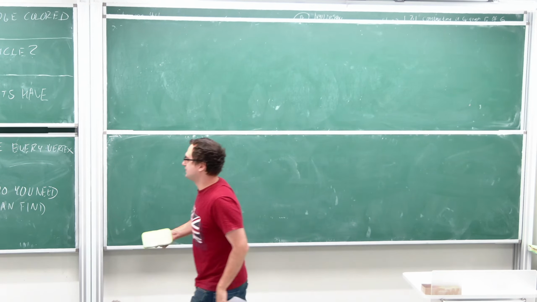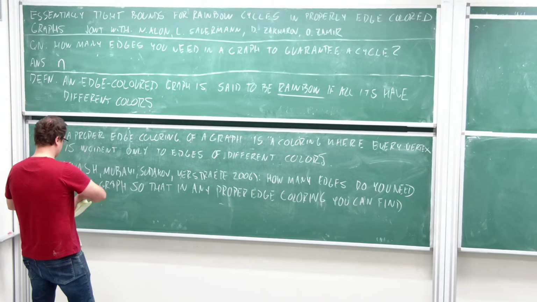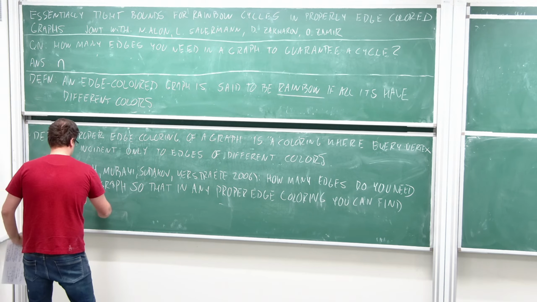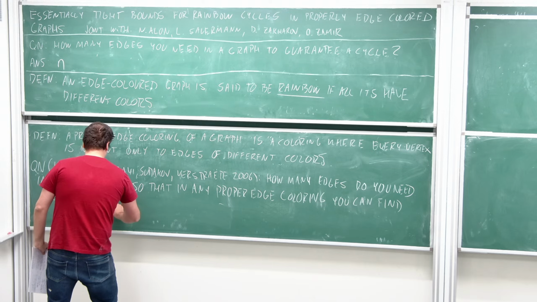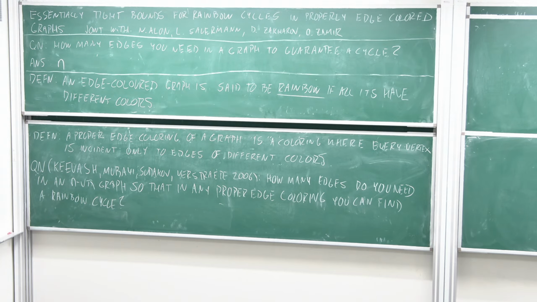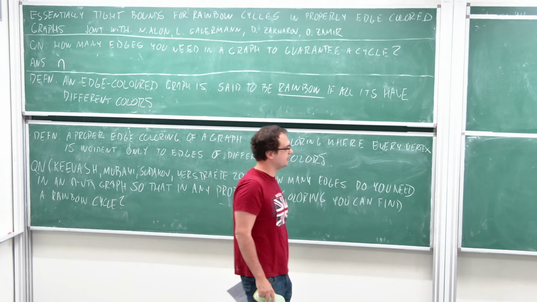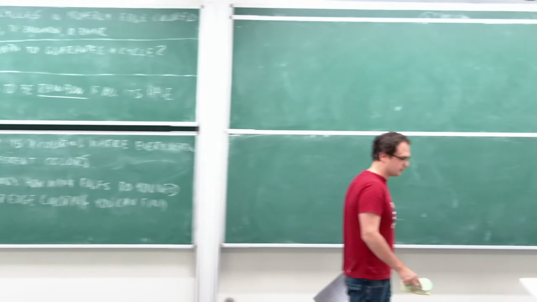Good. So let me change it here, because this is the only version of this problem that I'm going to talk about today. But I just wanted to say that you can ask this question in more generality and various interesting things pop up. They were also motivated by certain applications from additive number theory when they asked this, but that was for a different instance of this rainbow Turán problem than the one I'm going to talk about.